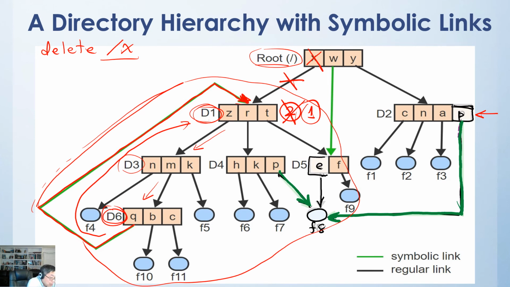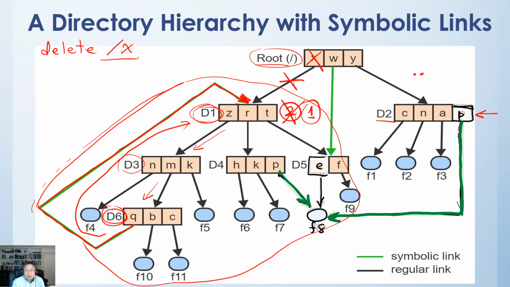What are you going to do? Typically, we first move to the parent using 2 dots, right? And then from the parent, we go down to find D1. But the problem is that D1 and the root are disconnected. So there's no way you can access D1 from D2. Okay, so that's the problem.